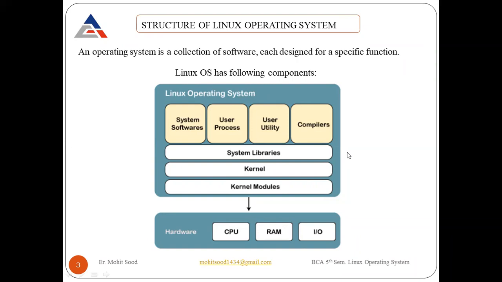He suggested improvements but was rejected by Unix designers. So he thought of launching an operating system designed in a way that could be modified by its users. That's why, listen carefully, the Linux operating system is an open source operating system and you can download it from Google.